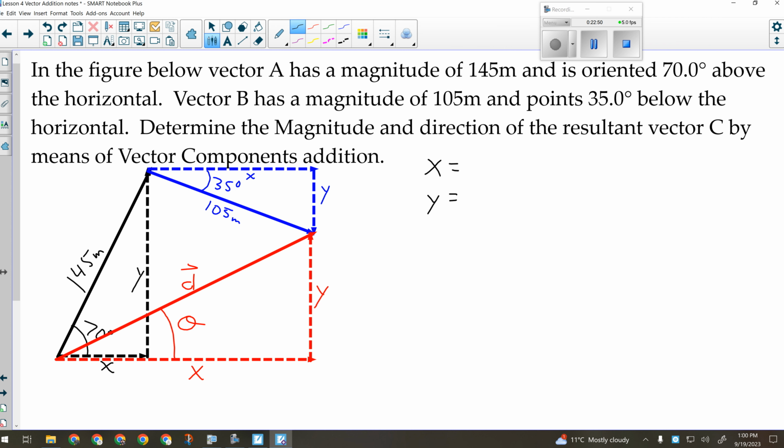All right, if I want to calculate black X, it is the adjacent side to this 70-degree angle, right? And the hypotenuse is 145. What trig function should I use? Cosine, right, because that'll tell me the adjacent side in relation to the hypotenuse. So I'm going to go cos of 70 degrees times the hypotenuse, 145.